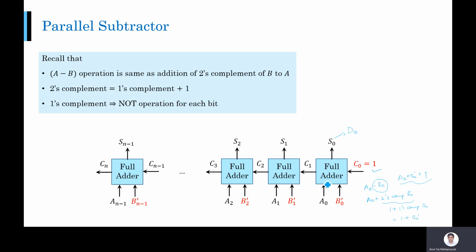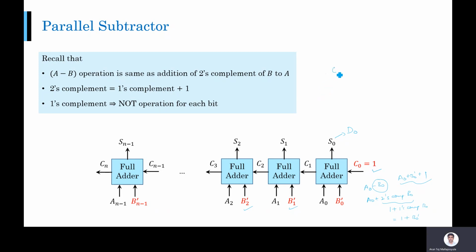Let me call it D0. The same concept you can use everywhere: B1 dash, B2 dash. You invert the B input and give it as the input to the full adder. 1 you have already added, so you need not add it every time. Once you have added 1, that is sufficient for any number of bits, right?